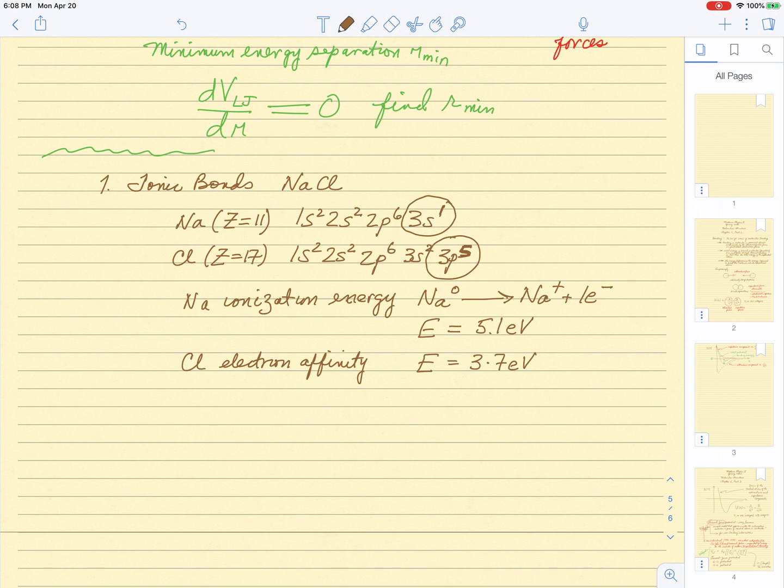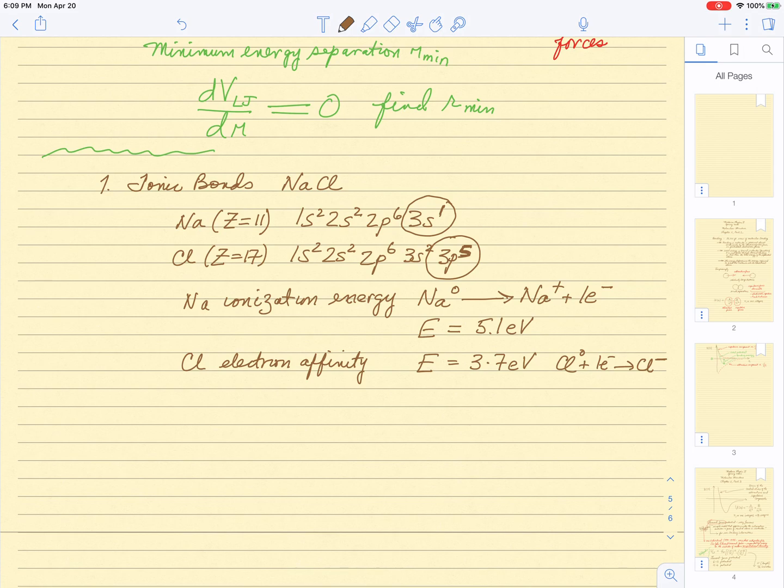Again, this is to make chlorine zero charge plus 1 electron go to the chloride ion.